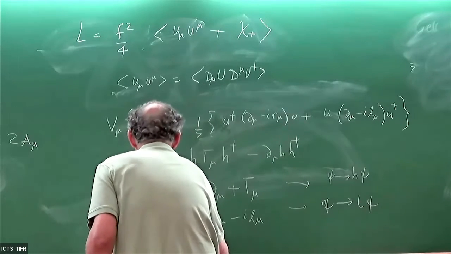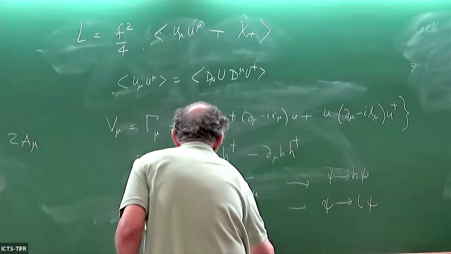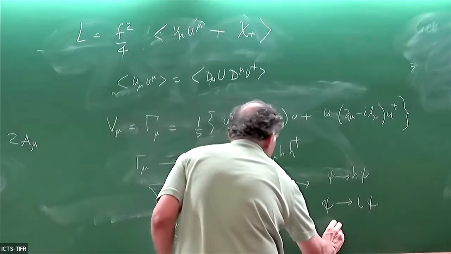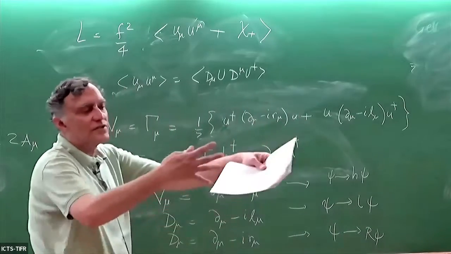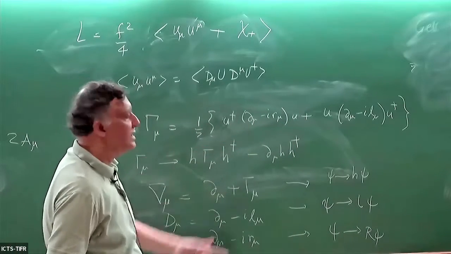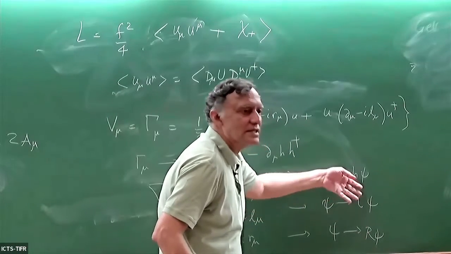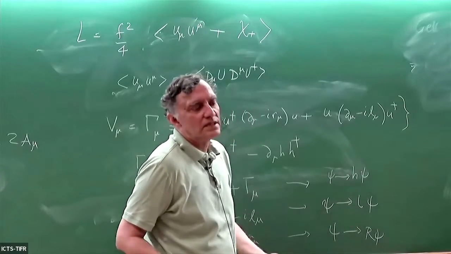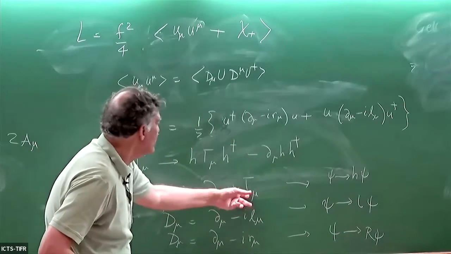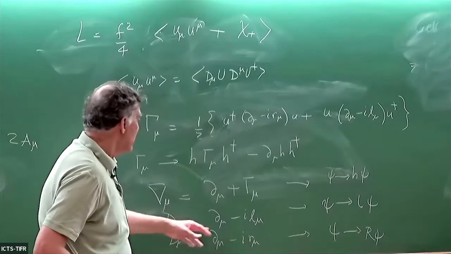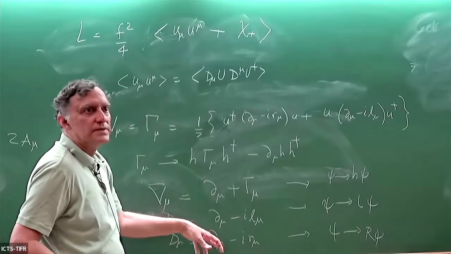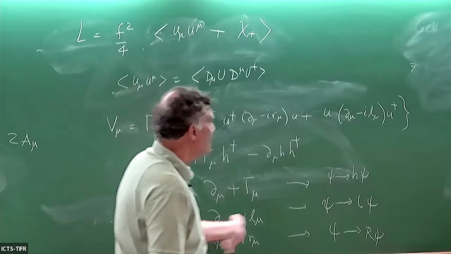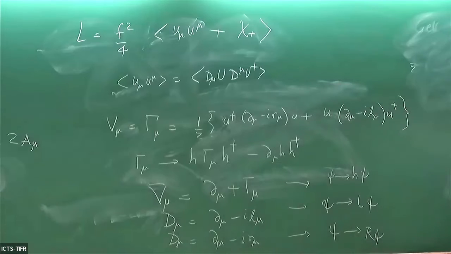And we have a D_μ, which is ∂_μ − i r_μ, a covariant derivative for ψ going to Rψ. So if you have a transformation law for any field and it has some L's and some R's and some H's, you construct the covariant derivative by using Γ_μ for the H parts, l_μ for the L parts, and r_μ for the R parts. Okay, that's all. So you can now write down the covariant derivative of anything.